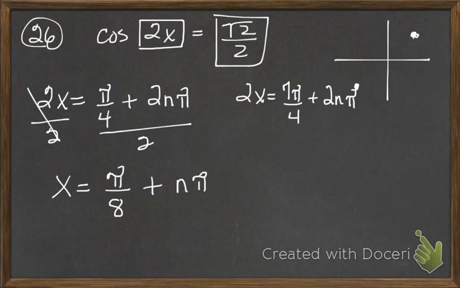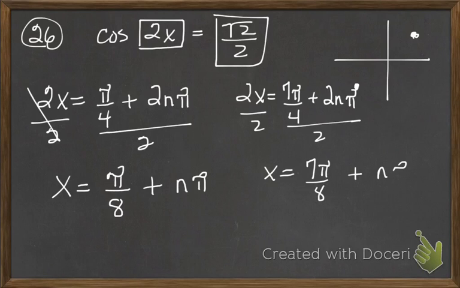You'll do the same thing over on the right-hand side. You'll solve for x. You'll get x is equal to what? 7 pi over 8 plus n pi. All right, and those would be your answers if the directions said find all the solutions.